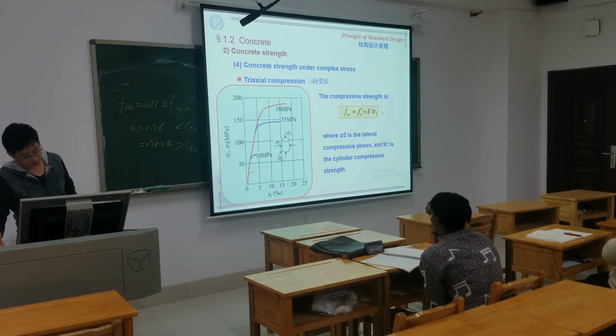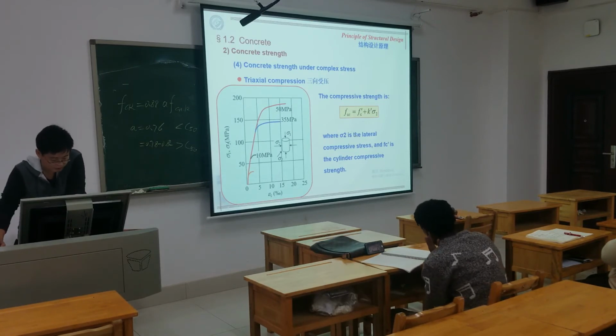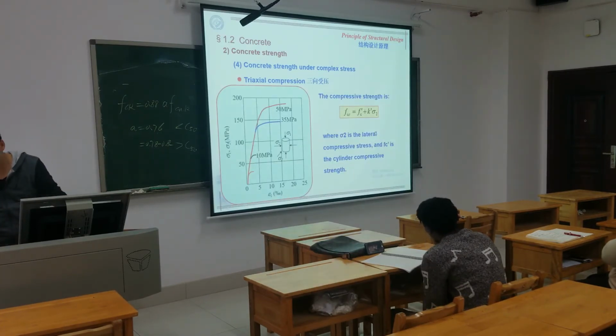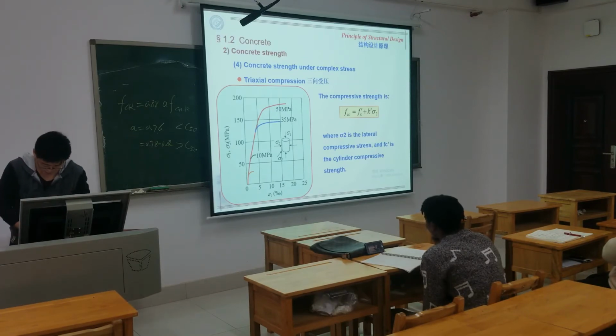Use this formula to calculate the stress, where sigma 2 is the lateral compression stress, and FC prime is the cylinder compression stress. And this K prime we will also identify; you can find some values in the book.